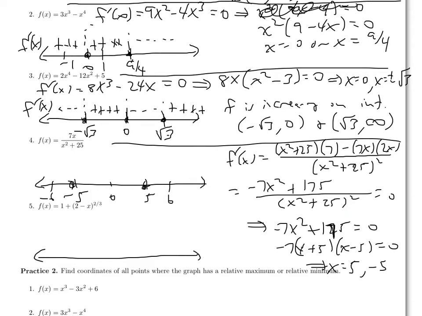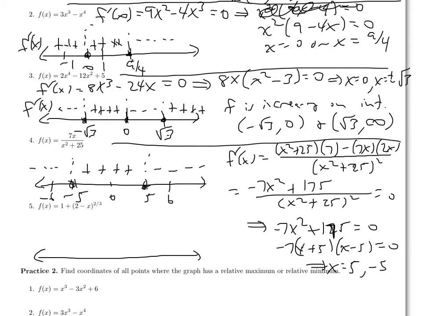When x is 0, I'm going to have a positive derivative. So through here, this will be positive. When x is 6, I'll have negative values. When x is negative 6, I'll also have negative values.